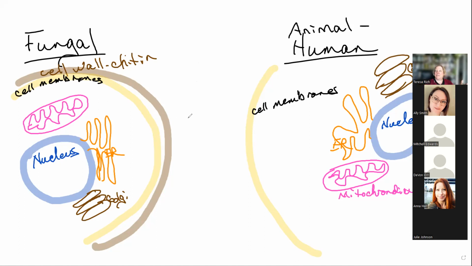Our last common ancestor of all the eukaryotes wasn't that long ago, relatively speaking. Our genes and their genes are more similar than they are for bacteria. But we do have some antifungals, and most of them, believe it or not, target the cell membrane. They target a steroid specifically in the cell membrane, and it's called ergosterol.